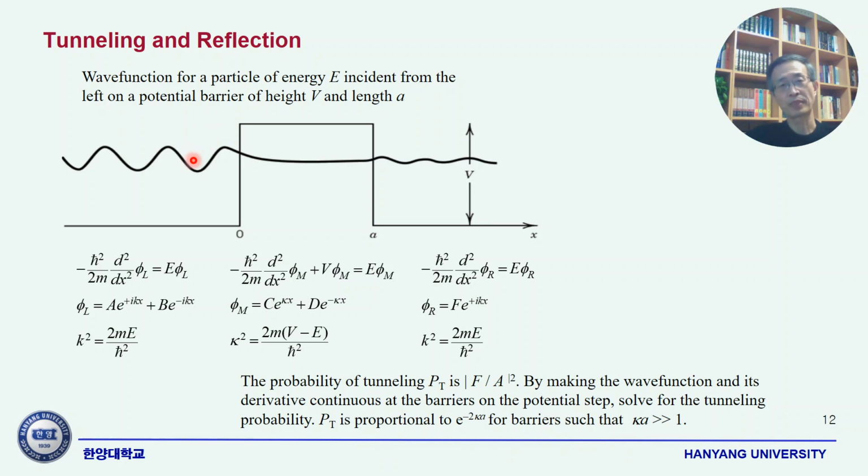This is just the same as what you had in solving the Schrödinger equation for the particle in a box in one dimension. Now in the barrier, energy is not necessarily less than V, but in this case we assume that it is less. So there is a potential V, and this is the regular Schrödinger equation for the particle not in the box but in the barrier.